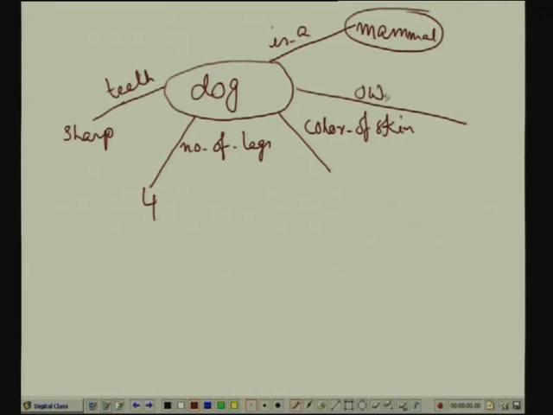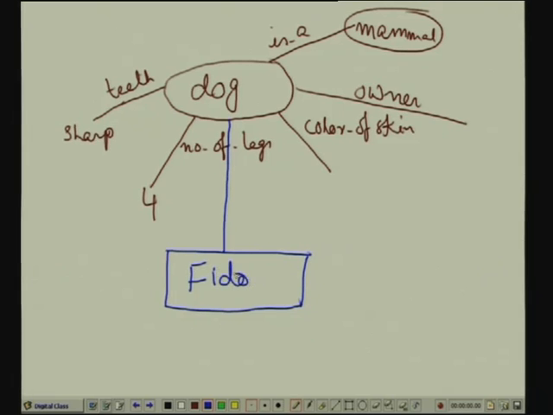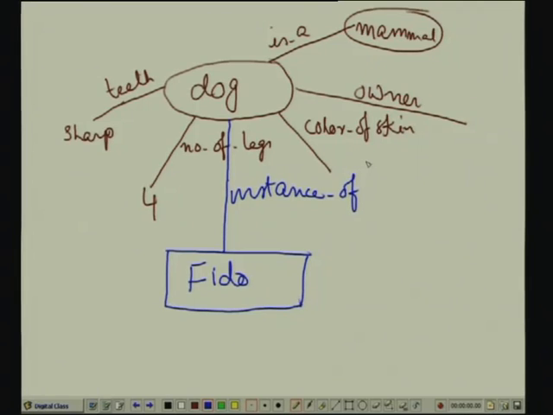I do not need to specify that Fido has 4 legs, Fido's teeth are sharp, okay, because since Fido is an instance of dog, some of these attributes which are specified will automatically be inherited in the instance. You are familiar with this term inheritance through our discussion on semantic nets.